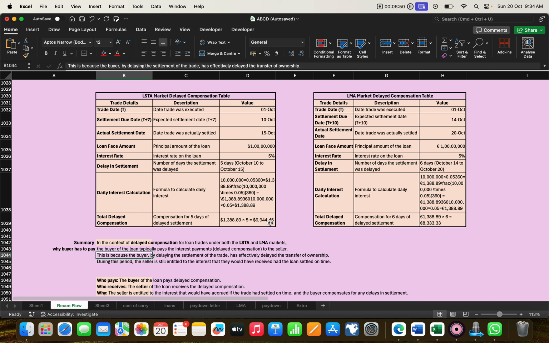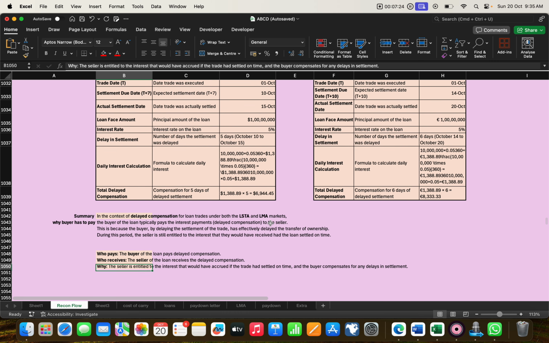This is because the buyer, by delaying the settlement of the trade, has effectively delayed the transfer of ownership. During this failure, the seller is still entitled to the interest they would have received on the loan settled on time. So the seller loses the interest, and that's why the buyer has to pay.